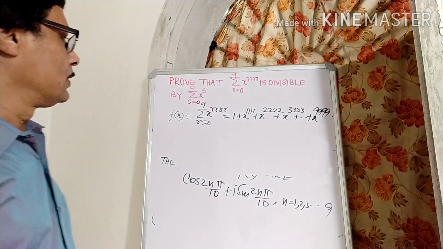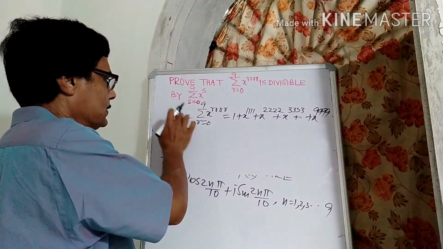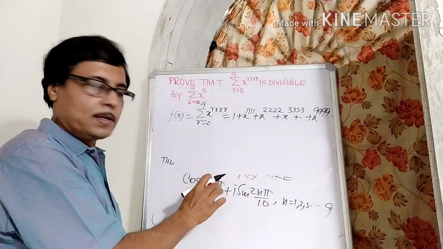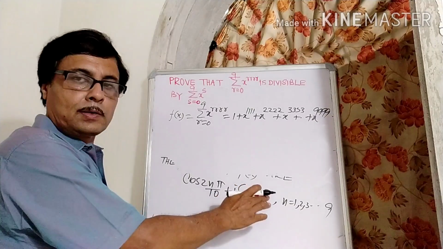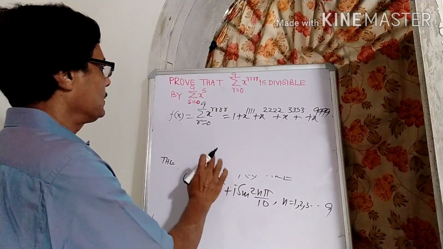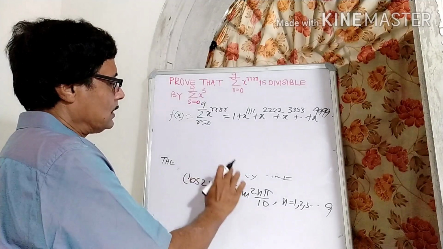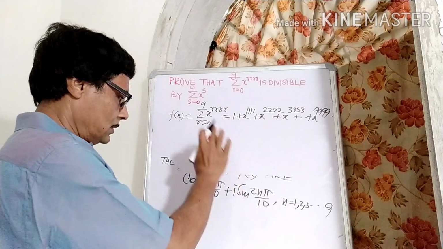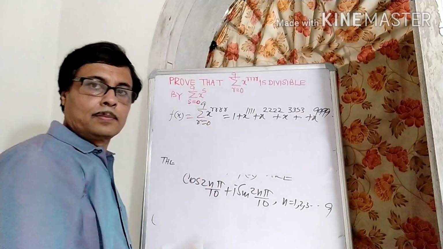This is the polynomial function. We have to prove the function f(x) is divisible by phi(x). That is, the zeros of phi(x), cos 2n pi by 10 plus i sin 2n pi by 10, n equal to 1, 2, 3 to 9, are also zeros of this function. That is, the zeros of phi(x) belong to the set of zeros of f(x).